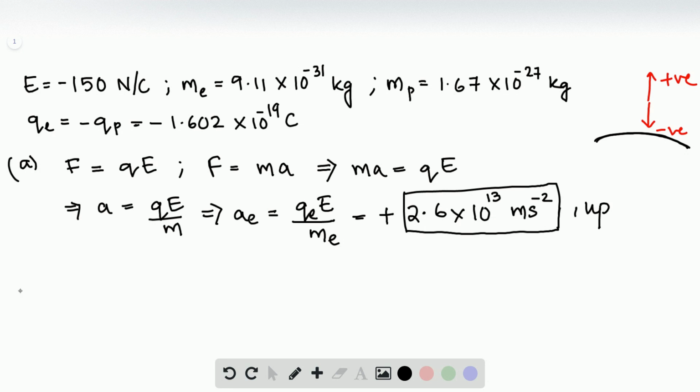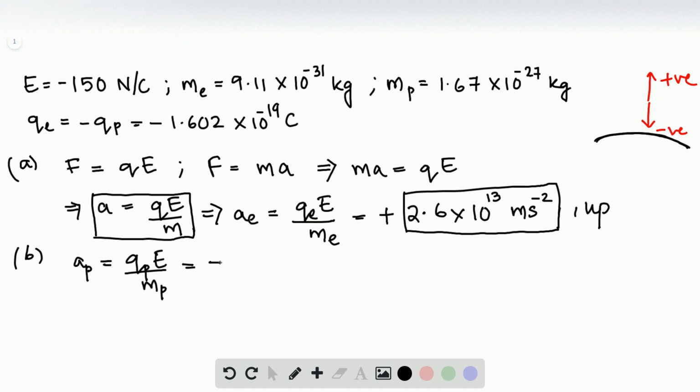So this is up. Now the next part of the question is to find the acceleration experienced by a proton in the same electric field. So we can use the same equation as we derived here. So a_p will be the charge of the proton times electric field over mass of the proton, and this gives negative 1.4 times 10 to the power 10 meter per second squared.